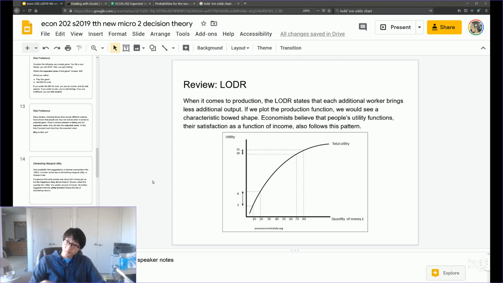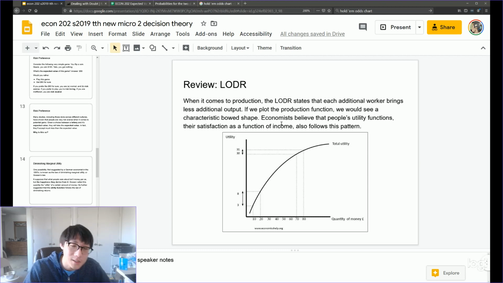Yes, you can hire more workers and each worker will bring additional output, but as you'll remember from the activity we did in class, eventually adding more workers gets you less and less and less marginal product. Okay? And if we were to plot your production on a graph, we will find that that production has this characteristic sort of curved or bowed shape.